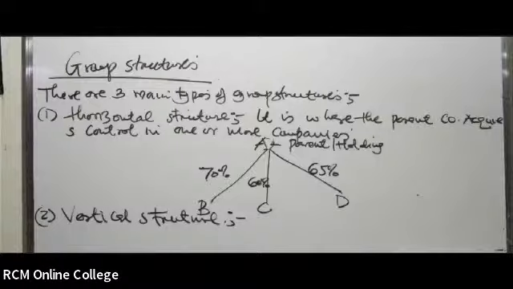Those are the percentages. All of them are subsidiaries. The percentages give you all of them to be subsidiaries, so it is bringing about a horizontal structure. It has an ownership stake where the parent company acquires control in one or more companies. So it is a horizontal structure.